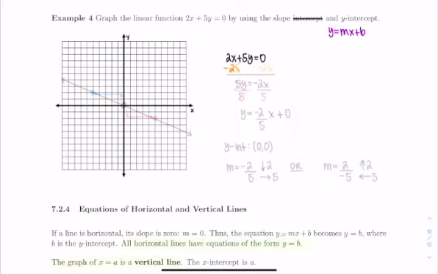We're going to subtract 2x from both sides. And so it cancels on the left. We end up getting 5y equals -2x. And then we want to undo our multiplication, and we're going to divide by 5.